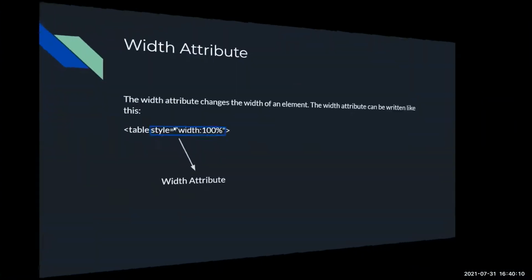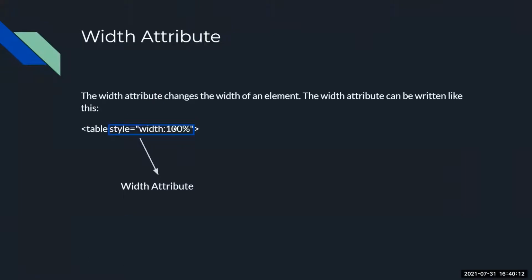So now let's look at the width attribute. The width attribute changes the width of an element. It can be written like this. You can see we have a table tag, and inside it our attribute, this is how we say it. We'll say style equal to, and then in quotation marks we'll write width colon 100%.